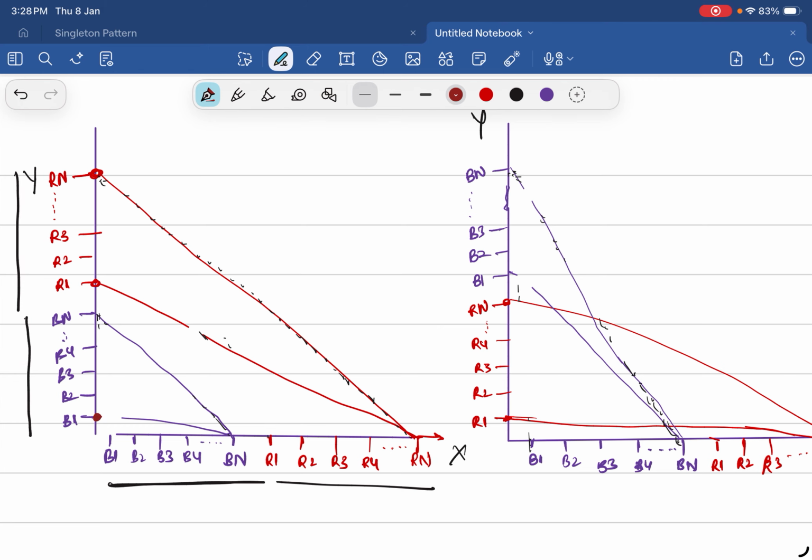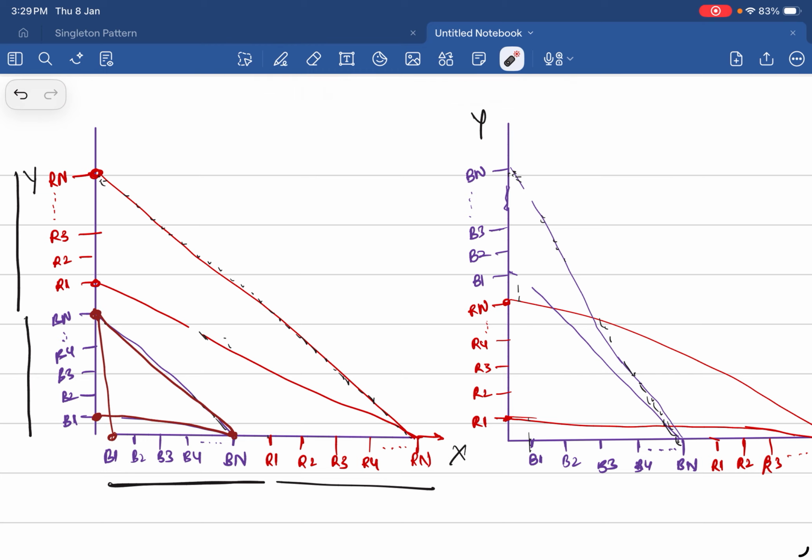If I choose two blue points over here and one red, one blue over here, then I will get this area. Or else if I choose two blues over here and one red, one blue over here, I will get this triangle. So I can get either this triangle or this triangle if I'm choosing blue.